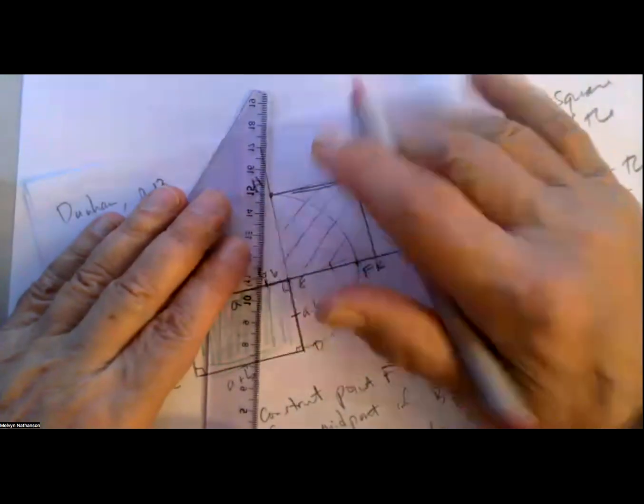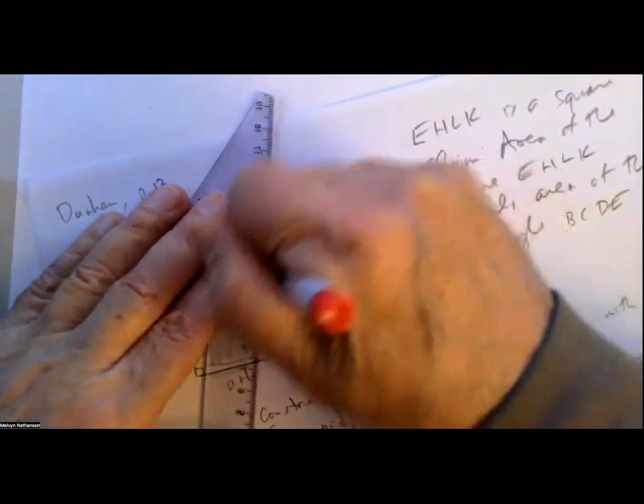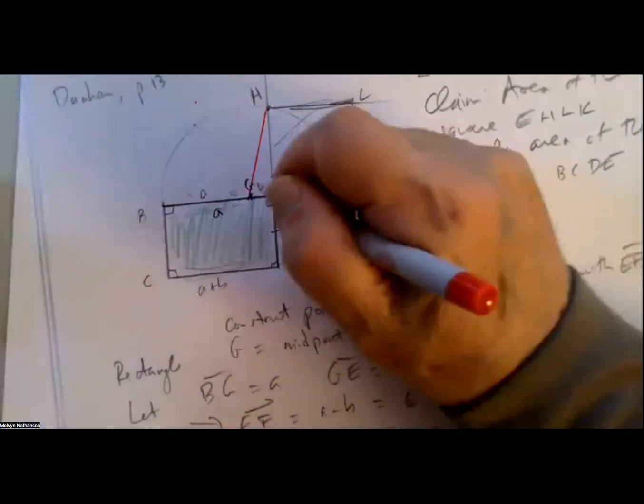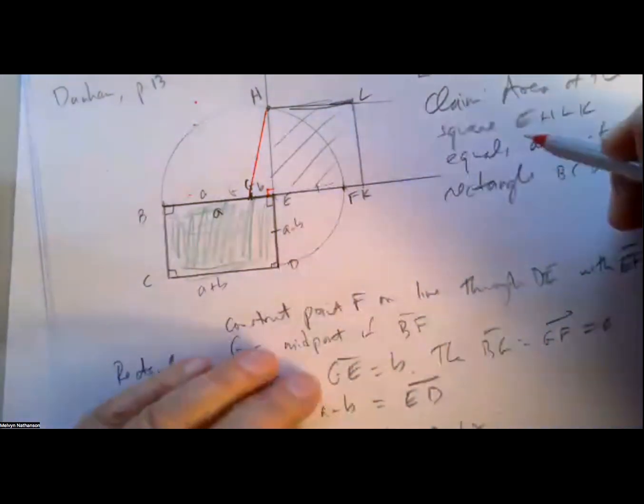Well, let me draw, this is a right angle. If I draw EG, HG, this is a right triangle.